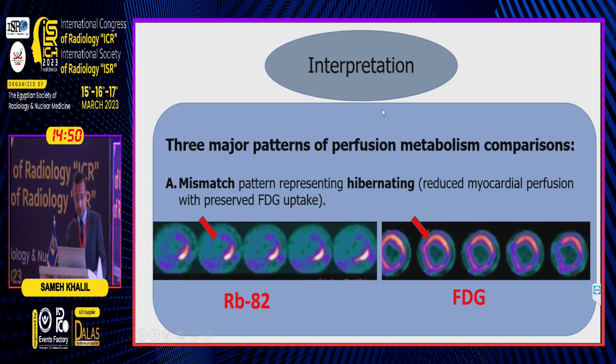We have three patterns in viability images: the mismatched pattern, where we have stress and rest perfusion defects in the rubidium images, while we have normal FDG distribution. So this hibernating myocardium is viable. This patient deserves the revascularization process.